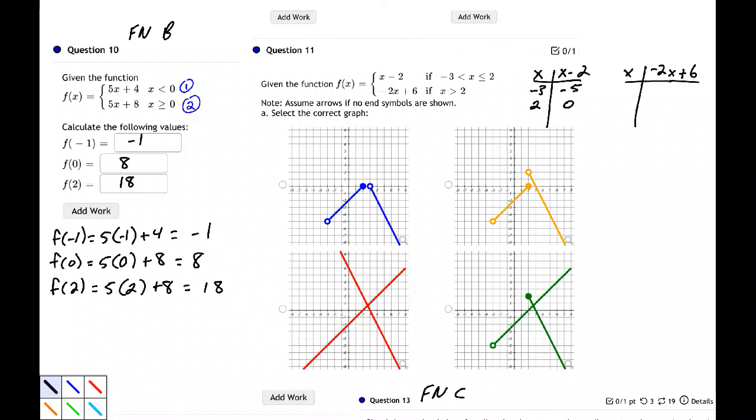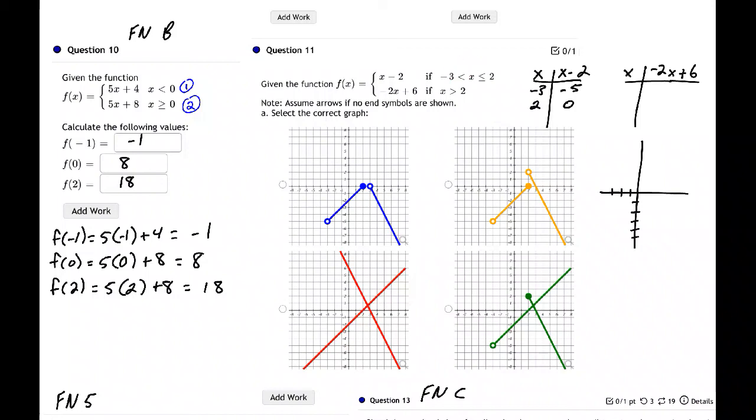So on my grid, and I'm going to draw my own down here, I'm going to have the point -3, -5. So left 3, down 1, 2, 3, 4, 5. It's the point -3, -5. Now that's going to be an open dot, because the condition says -3 is less than x.